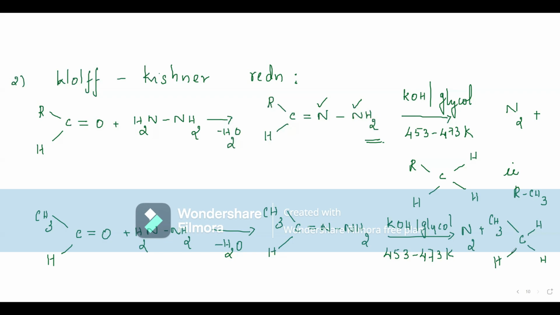And if your aldehyde or ketone is sensitive towards an acid, then you can use Wolff-Kishner reduction. Depending on the nature of the aldehyde or ketone, you can decide whether you go for Clemmensen reduction or Wolff-Kishner reduction.